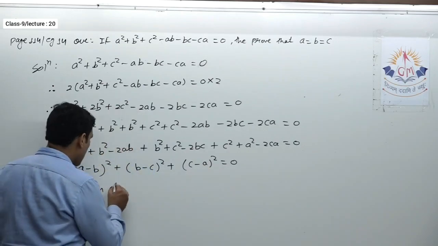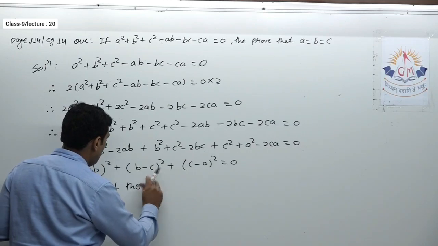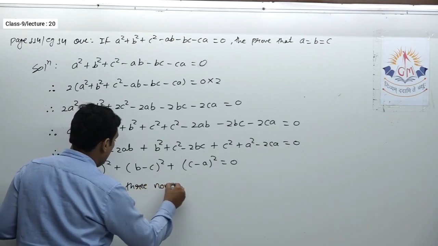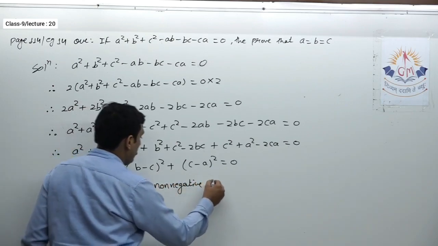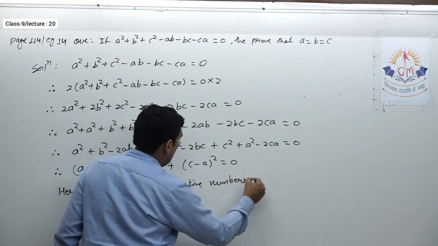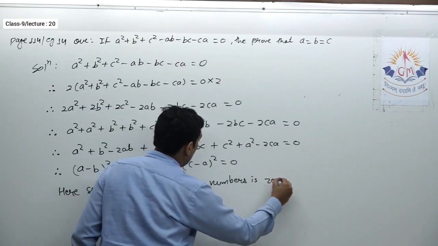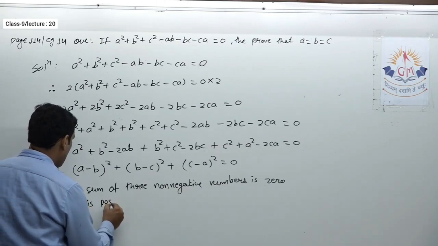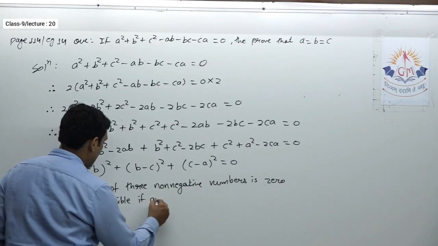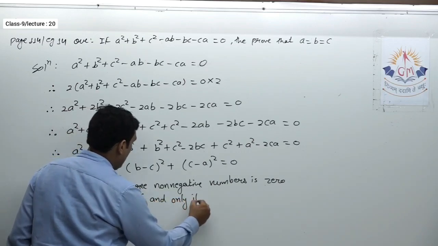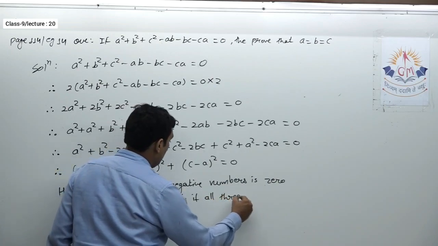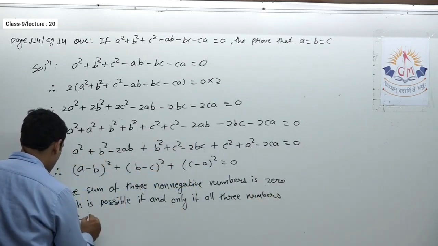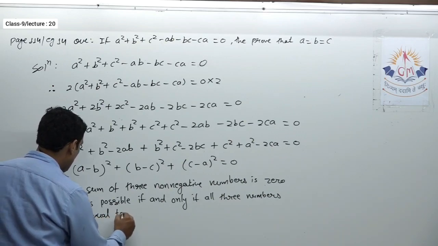Thus we can say here the sum of three non-negative numbers or quantities is 0, which is possible if and only if all three numbers are equal to 0.